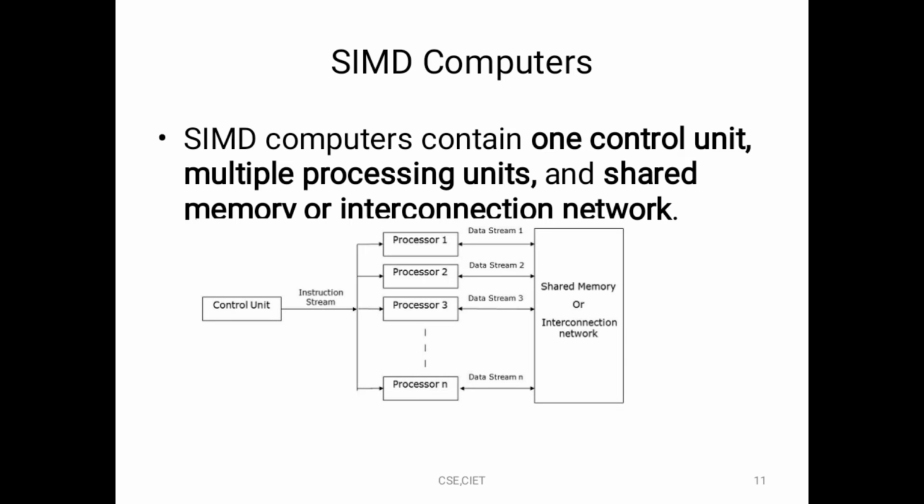In SIMD computers, processors need to communicate among themselves. This is done by shared memory or by an interconnection network. While some of the processors execute a set of instructions, the remaining processors wait for their next set of instructions. Instructions from the control unit decide which processor will be active or inactive.